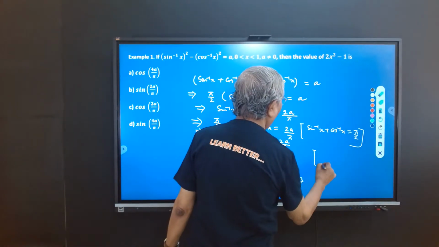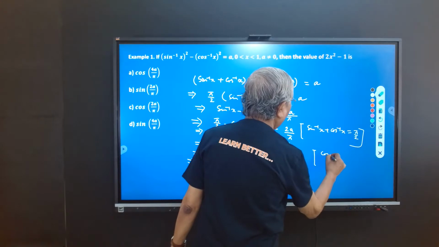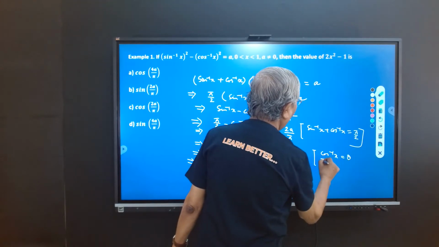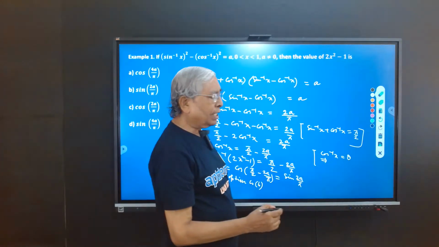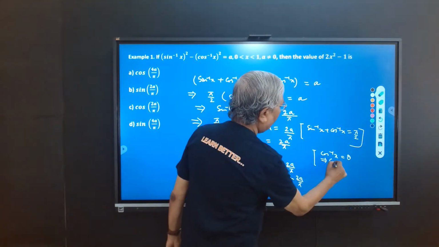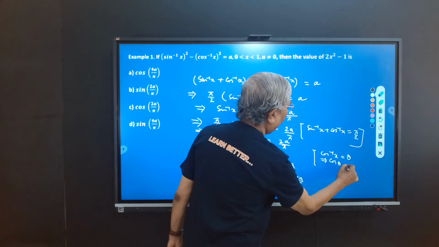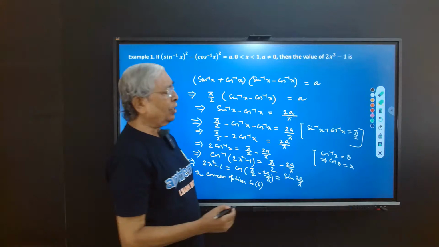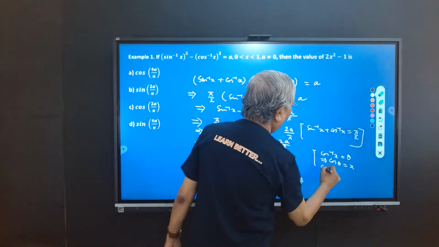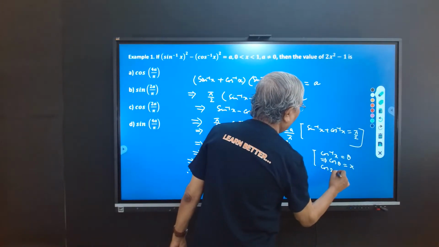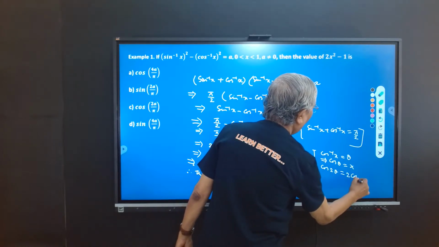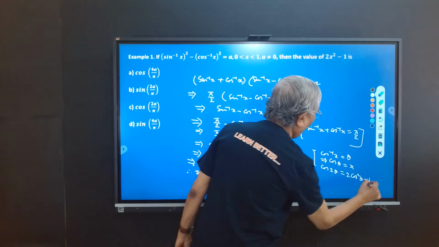Now I will explain this step, how it comes. Suppose cos inverse x equals theta. What does it imply? cos theta equals x. What is the formula for cos 2 theta? We know that cos 2 theta is equal to 2 cos square theta minus 1.